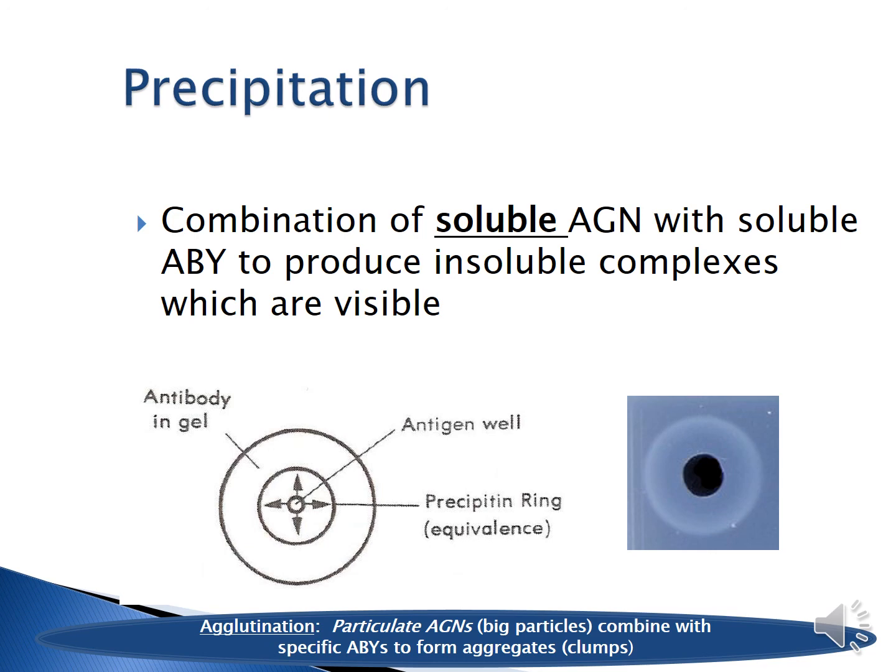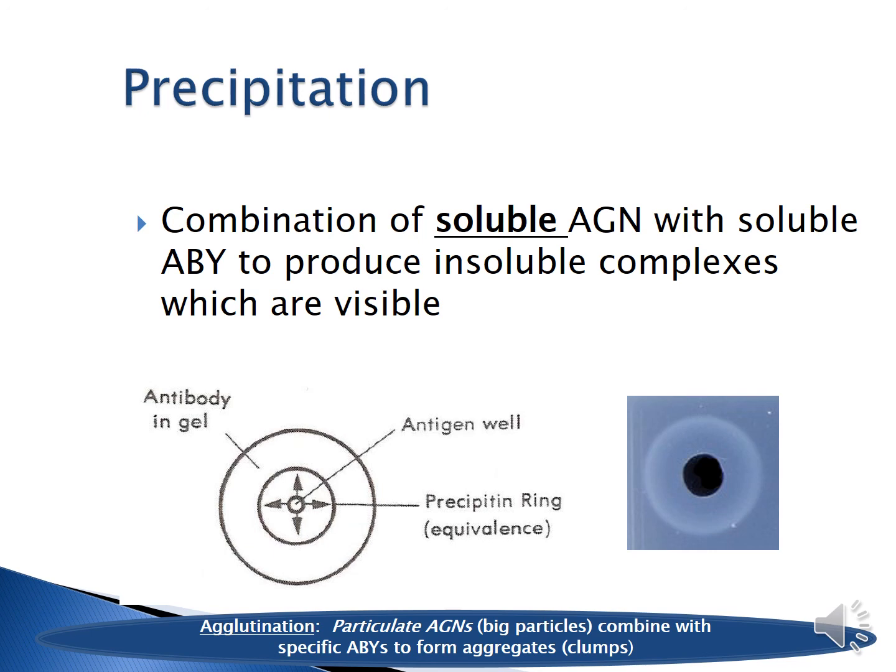Agglutination is the visible clumping of antigen and antibody complexes. In precipitation, we actually have soluble antigens that combine with soluble antibodies to produce insoluble complexes. So, for instance, typically we do precipitation testing in agar.